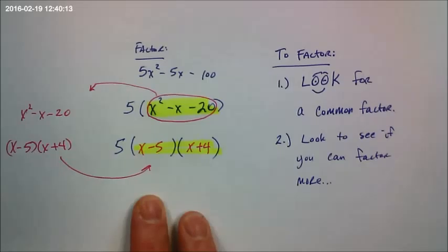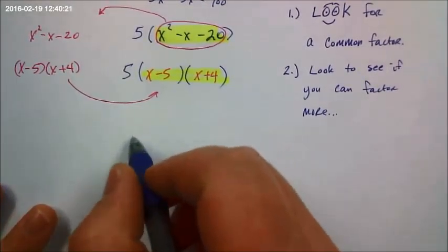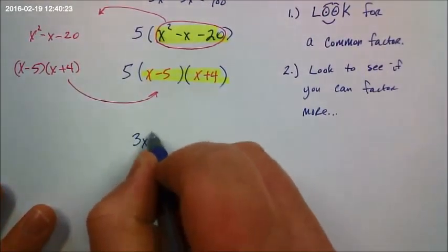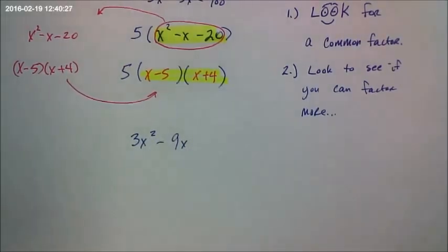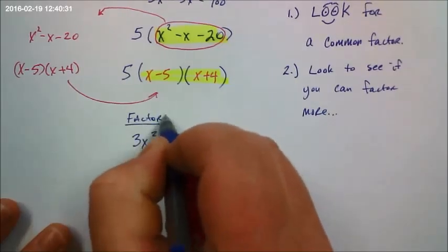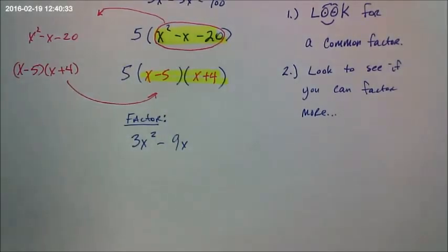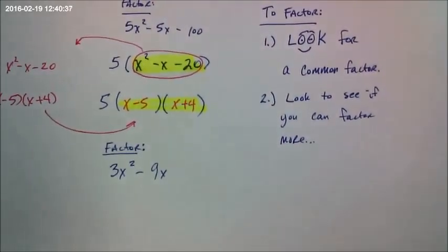Now wait. Hold on. Before we do, there was one other problem. Even though we went over it yesterday, people forgot how to factor something like this. Oh, that made me a sad panda.